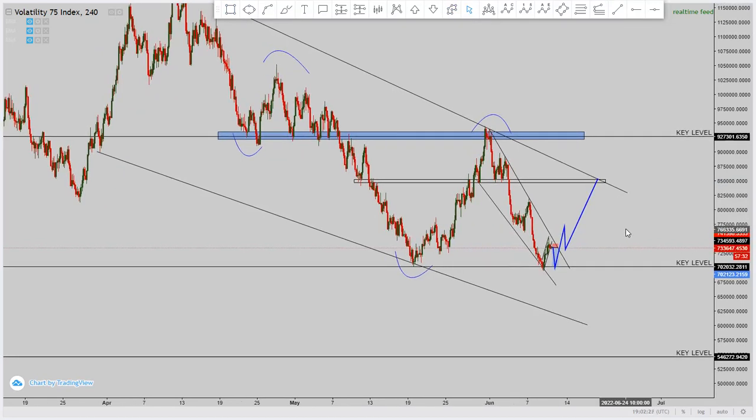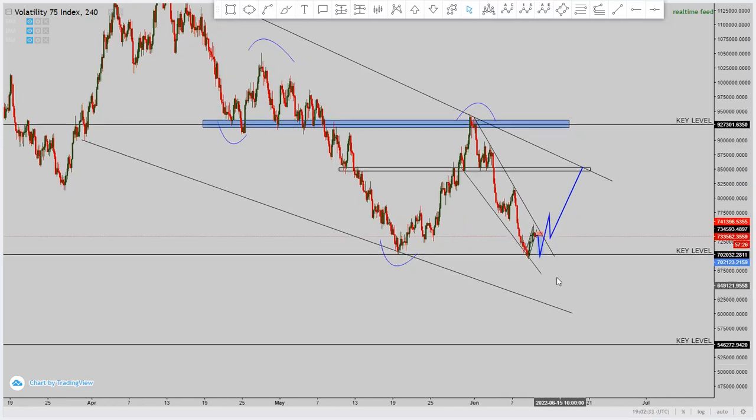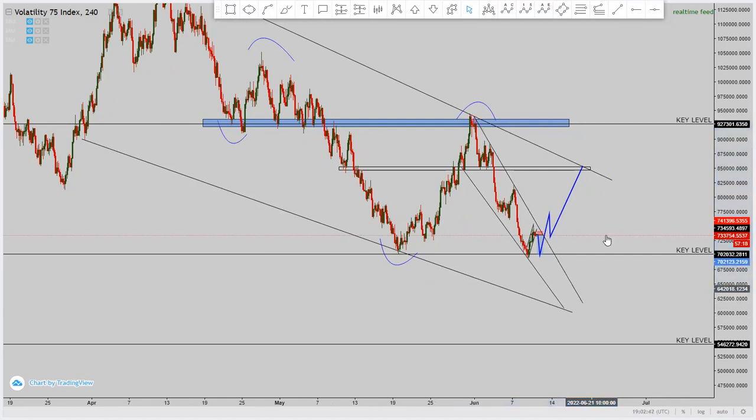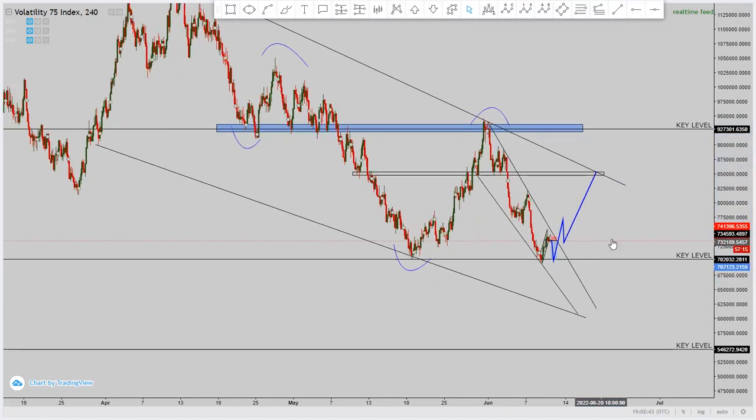So that is actually a possible setup, unless this channel continues with its downtrending nature. When it continues, it can go all the way, because once we break this key level, that's where you know this channel can actually proceed all the way.